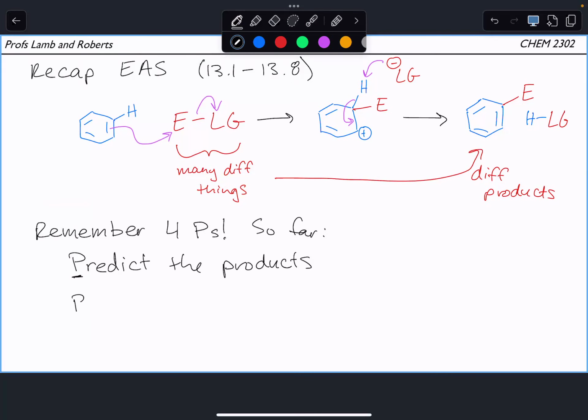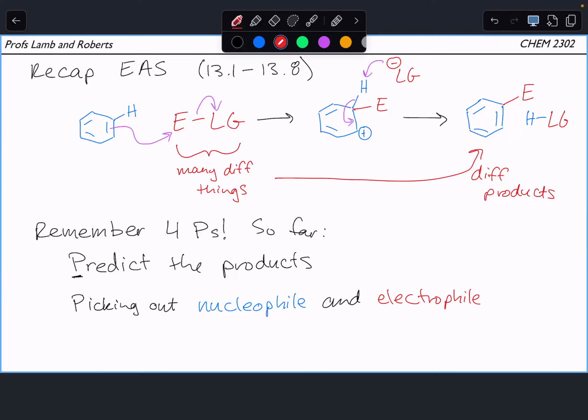We also just went through the mechanism. So part of that was picking out our nucleophile and our electrophile. So for all electrophilic aromatic substitution, the aromatic ring is the nucleophile, and then whatever your reagents are is the electrophile. So that's always the same.